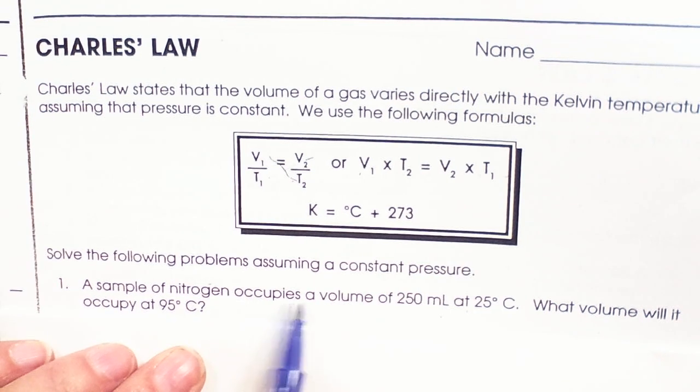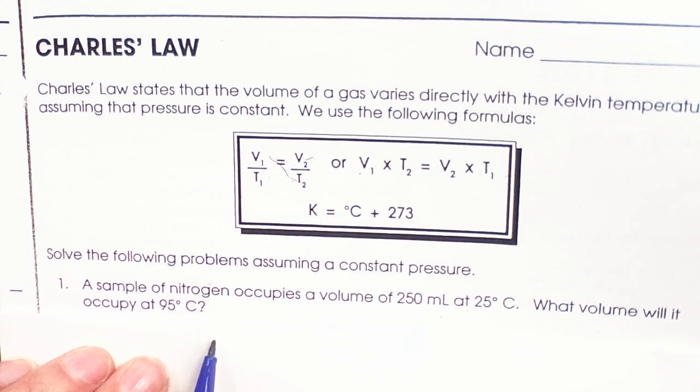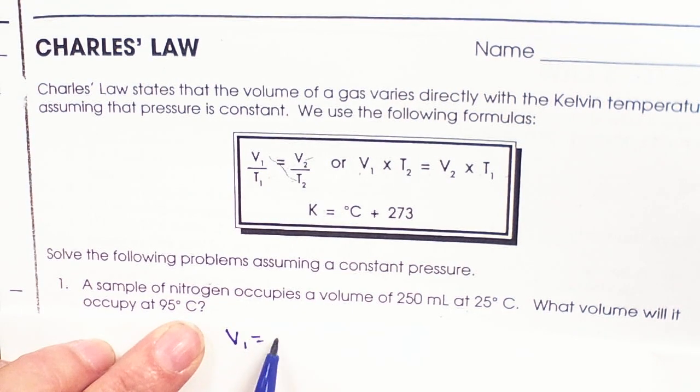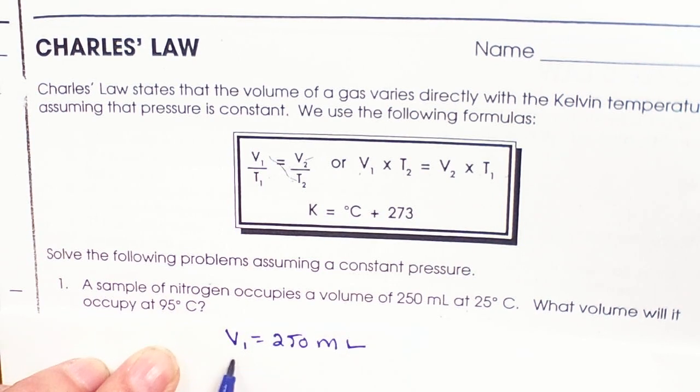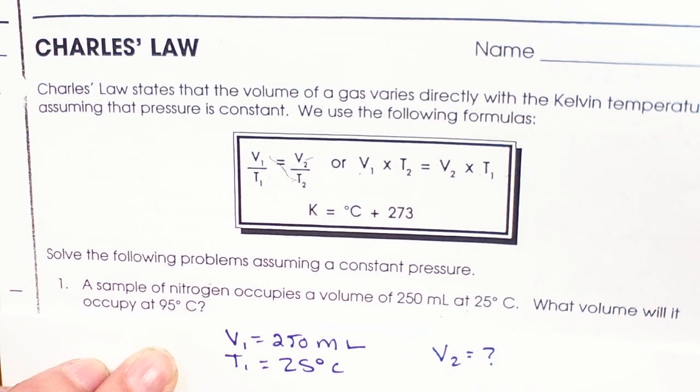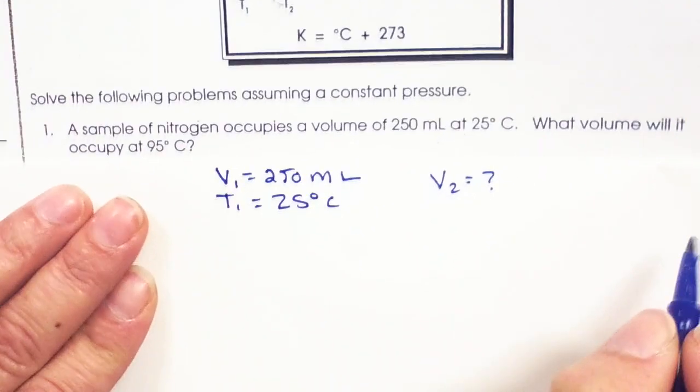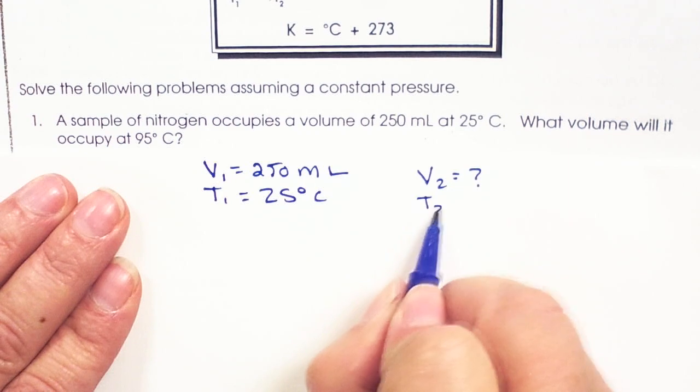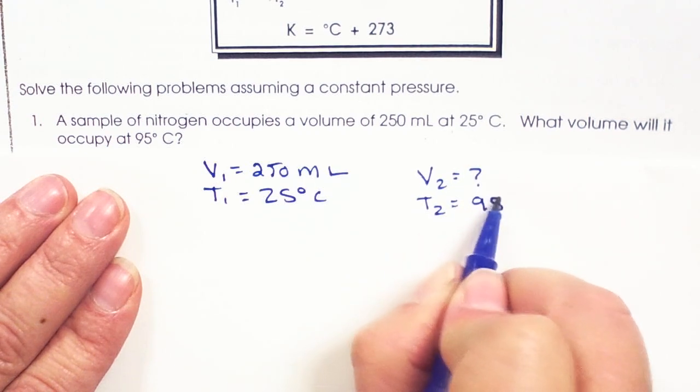Okay, a sample of nitrogen occupies a volume V1 of 250 milliliters at 25 degrees Celsius. So there's my temperature. What volume, V2, I don't know, will it occupy at 95 degrees Celsius? T2, 95 degrees Celsius.